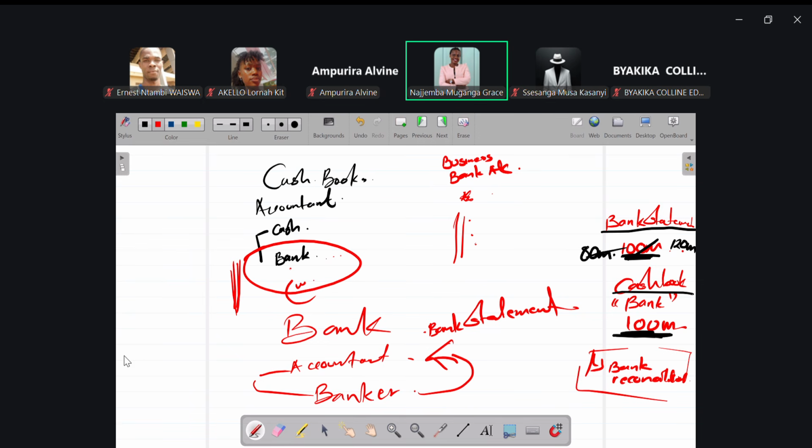You're reconciling the totals or the transactions reported on the bank statement together with what you had recorded, because we said that they are the same transactions but two different people recording. Since they are the same transactions, it means these transactions should actually be the same.